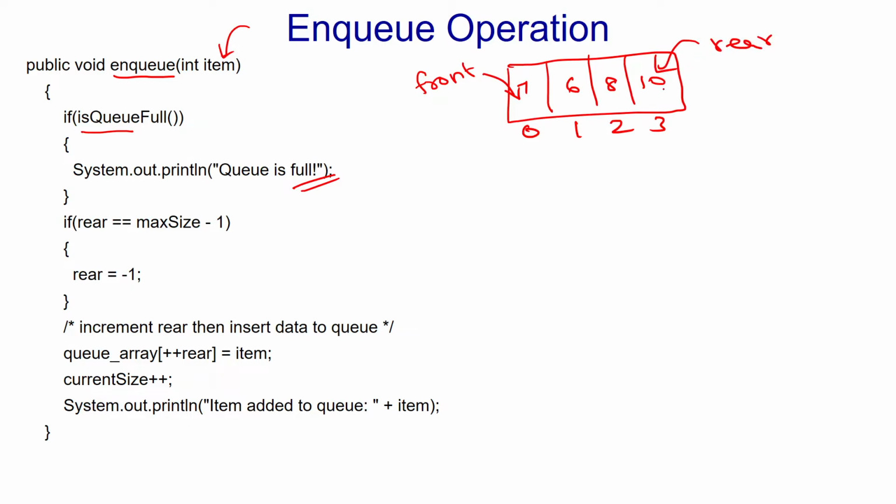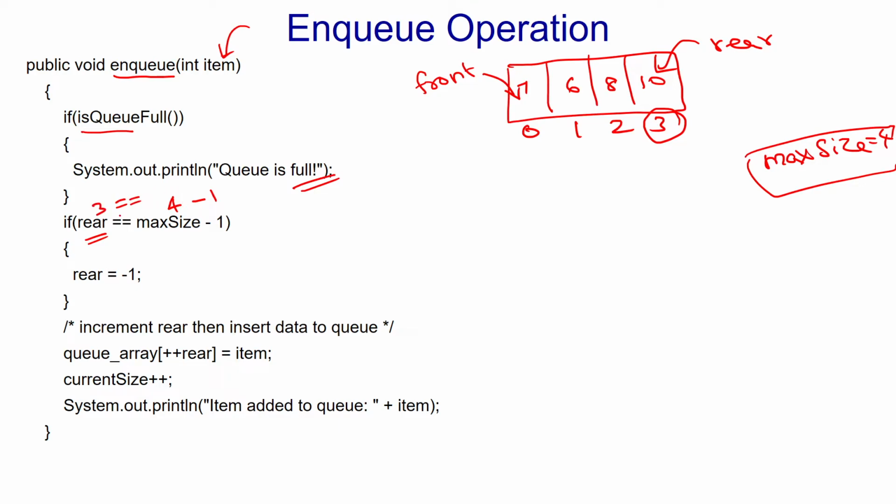Now if rear equals maximum minus 1, what is the maximum size? The maximum size of the queue is 4. So we check maximum size 4 minus 1. The rear index is denoting 3, so 3 equals 4 minus 1, which is 3.